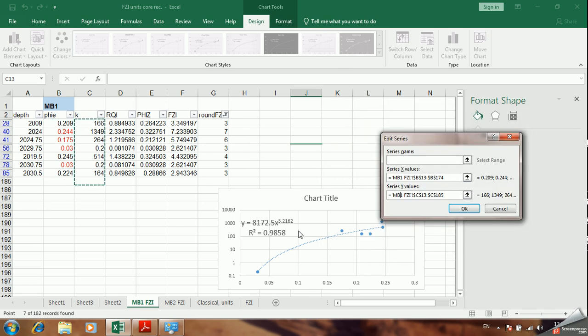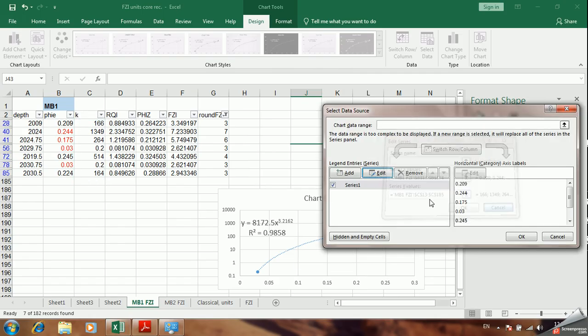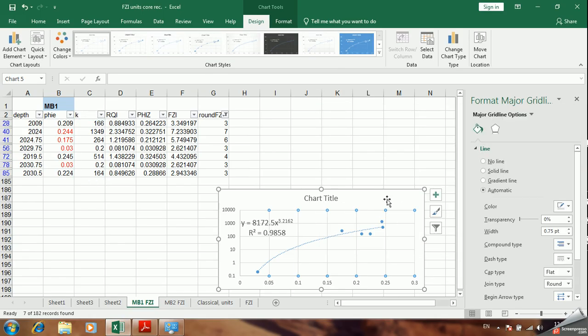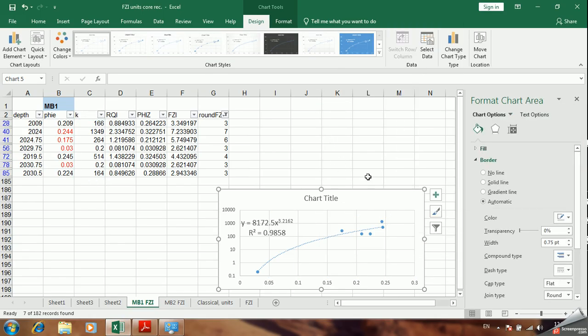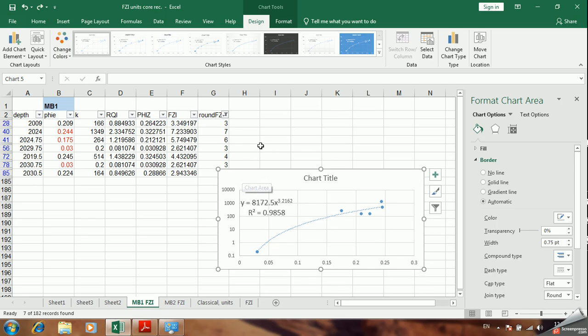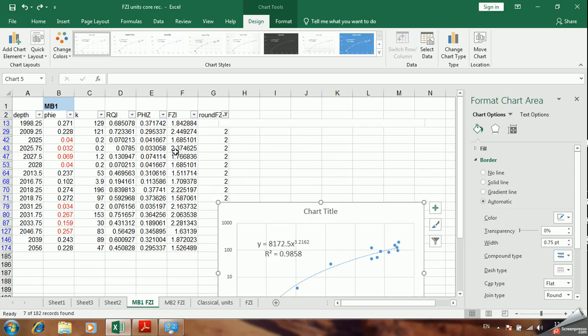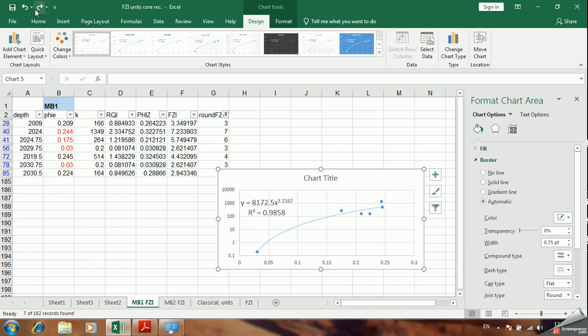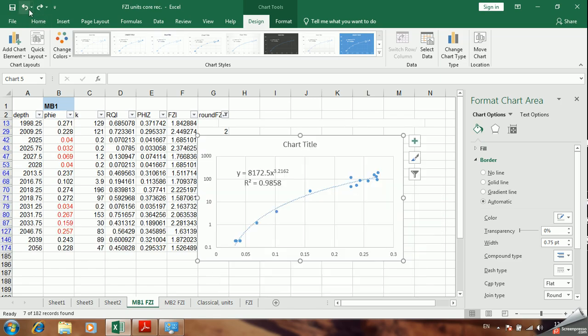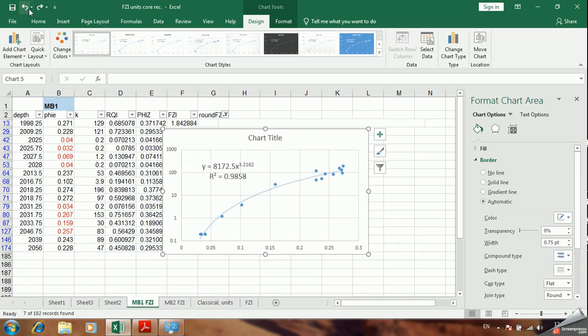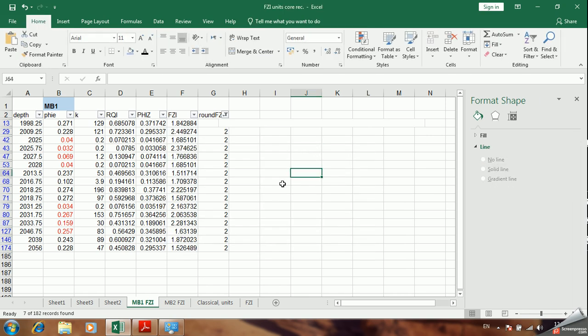These are our data. It is the same thing, good relations. You can notice that we have good values of the R squared for different flow units.